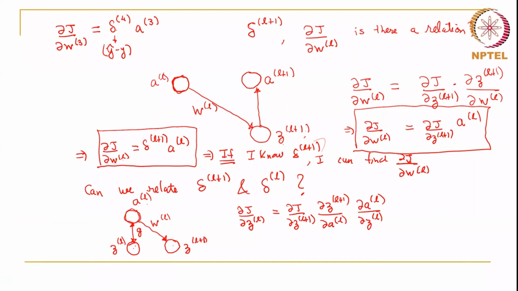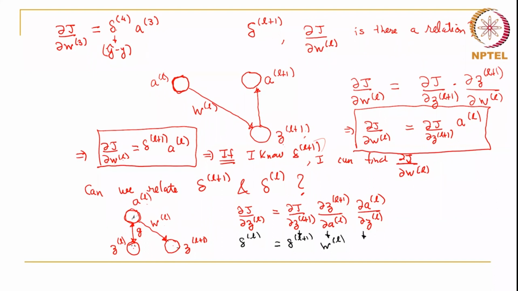Okay. So I start here, do this derivative, then do this derivative. So this means this is delta L. This of course is delta L plus 1 by definition. What is this term? Del ZL plus 1 del AL is simply WL. The relationship between these two is AL multiplied by WL is ZL.